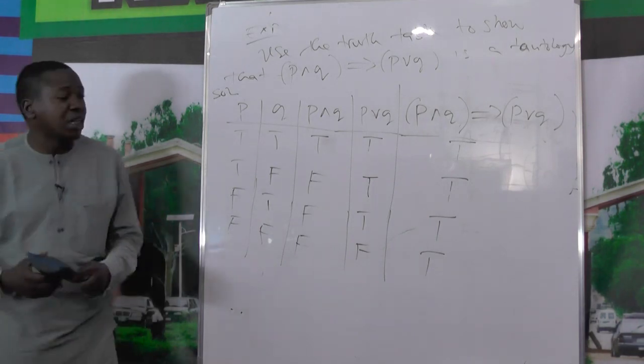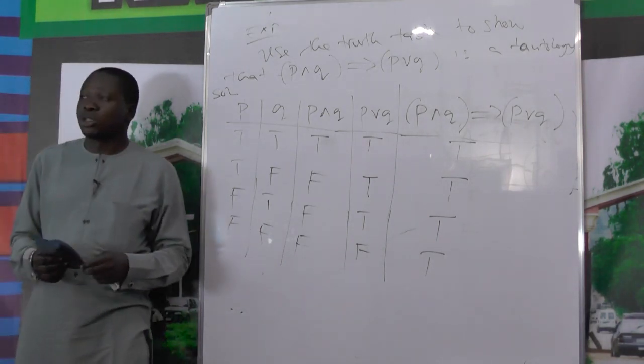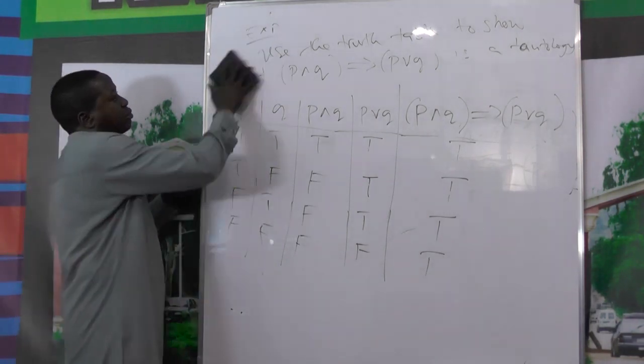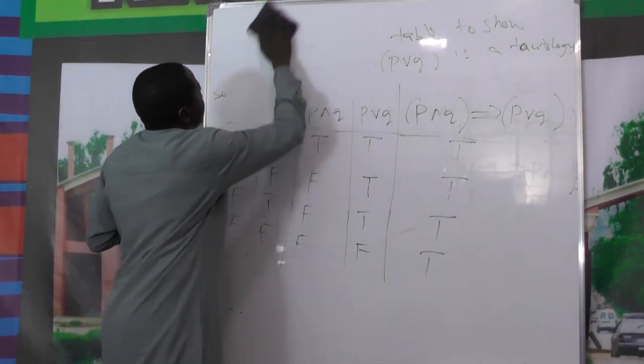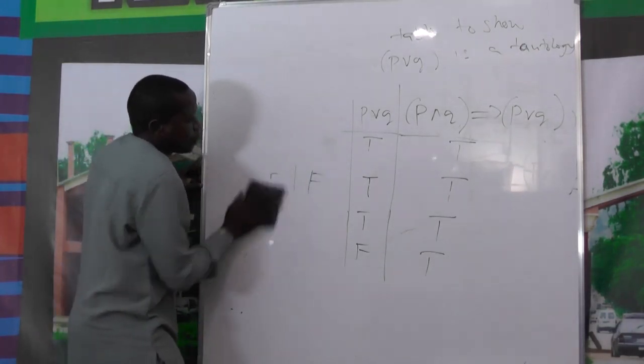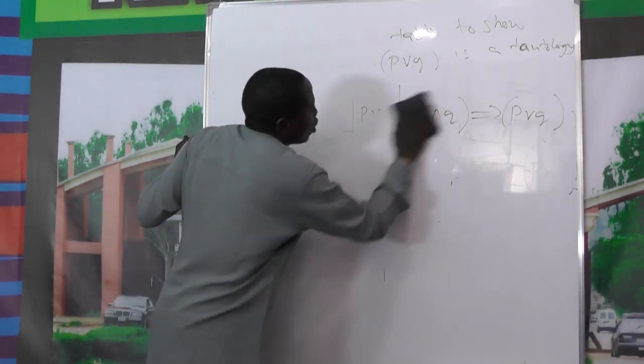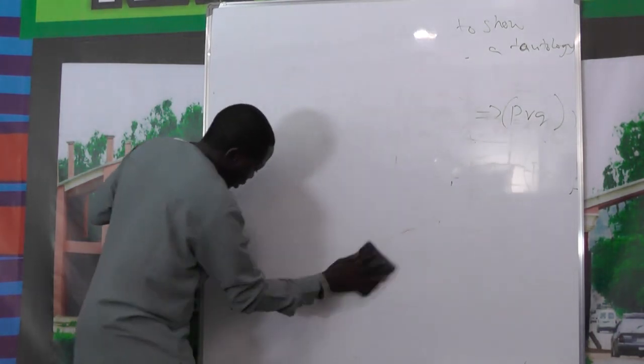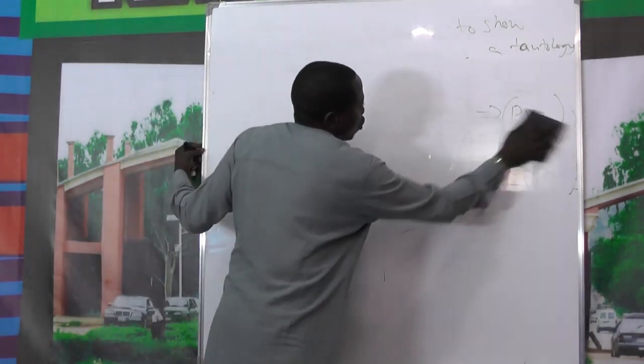Let me give an example under contradiction as well. Like this example now. If this last column is false, false, false, false, then we have a contradiction.